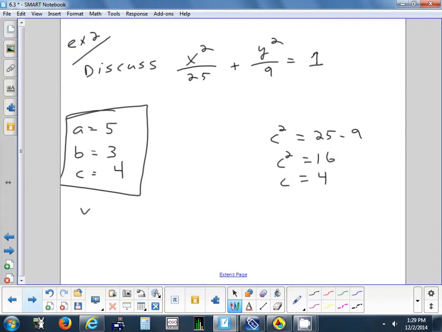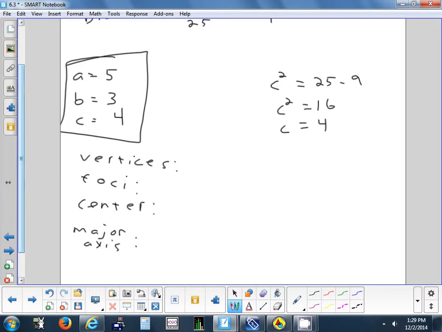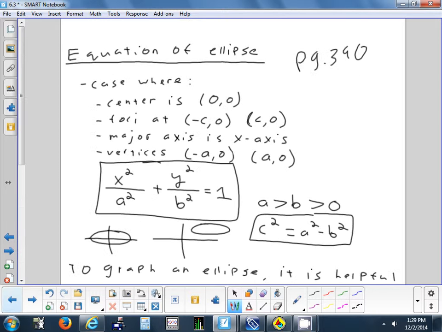Now we can write vertices, foci, what else? Center. And let's write which way the major axis goes, if it's horizontal or vertical. Okay, let's start with our vertices.